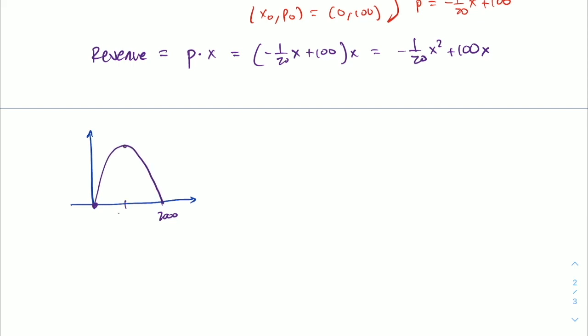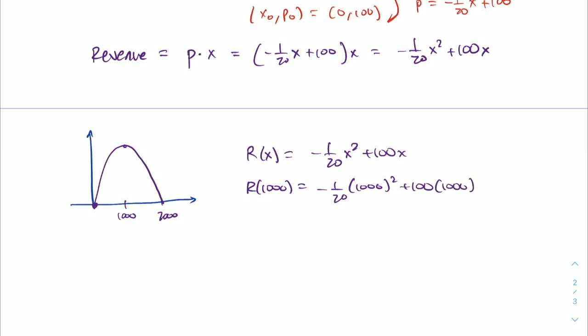And 1,000 is going to be, by symmetry, our max. Let's compute the revenue at 1,000. So we'll get negative 50,000, 50K, plus 100,000, which is 50K, 50,000.